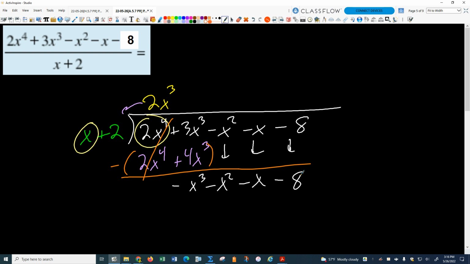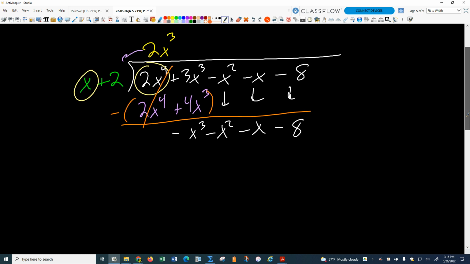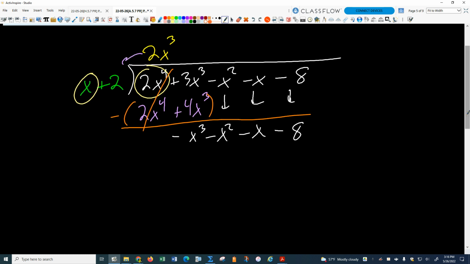Okay. Riley, what's next? Okay. So x times what is negative x cubed? Okay, positive or negative? Right?